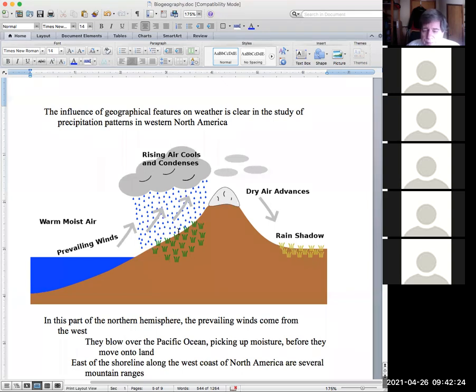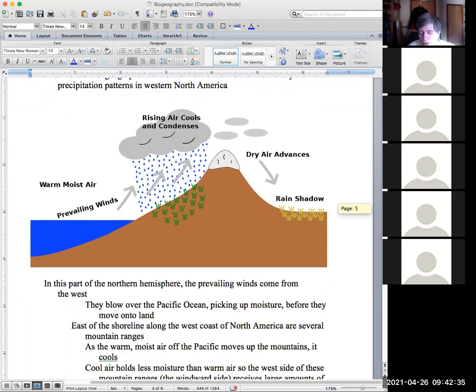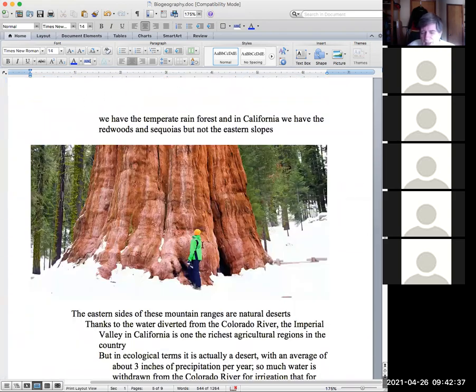So not only do we have a temperate rainforest in the Oregon and Washington area, but if we go down into California, we see some of the biggest, oldest trees that exist. There are redwoods and sequoias. And some of these trees reach 200 feet tall. Some of them are several thousand years old.